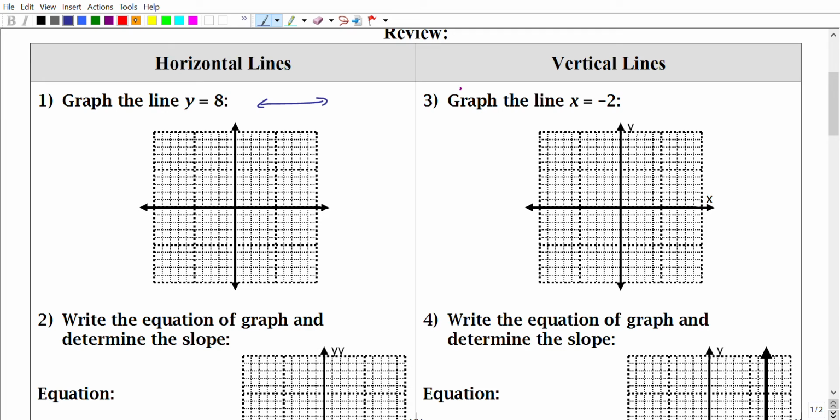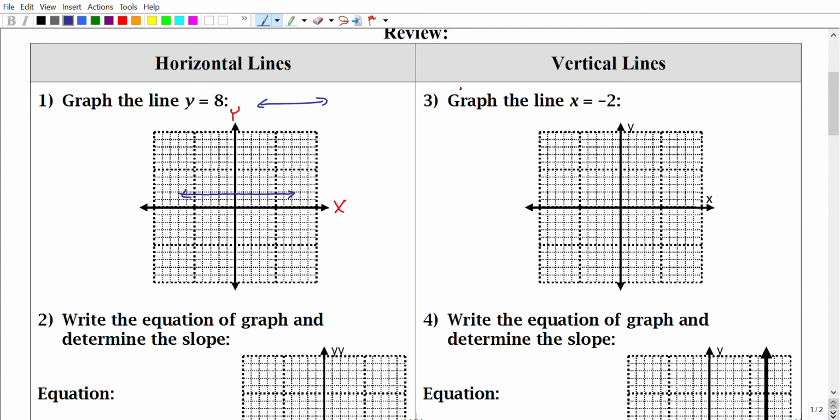Well, let's label our axes. This is the x-axis. This is the y-axis, right? Well, look, if I were to draw a vertical line here, that totally doesn't look like a horizontal line at all. Let's try it again. Something like that, okay?